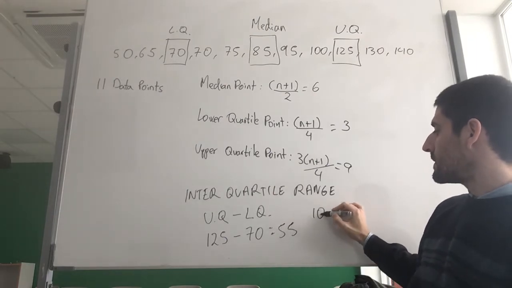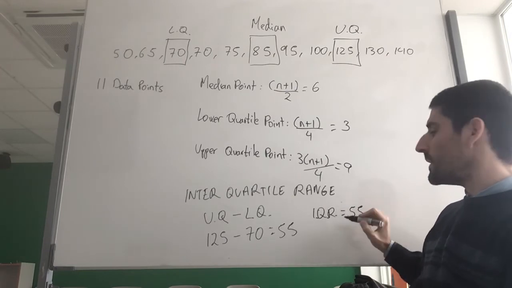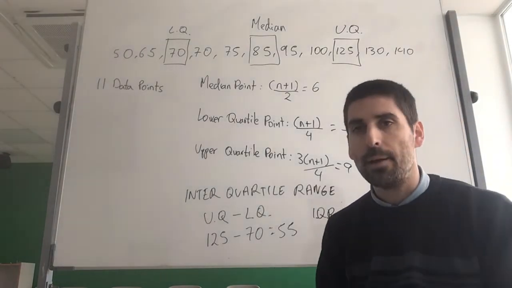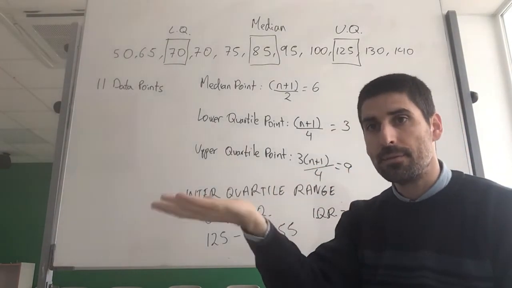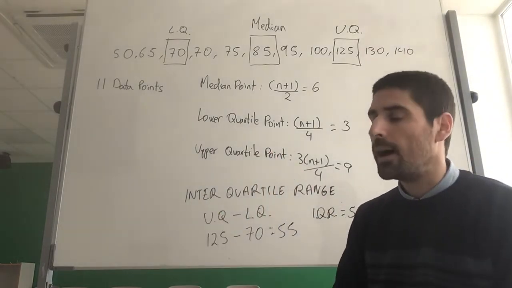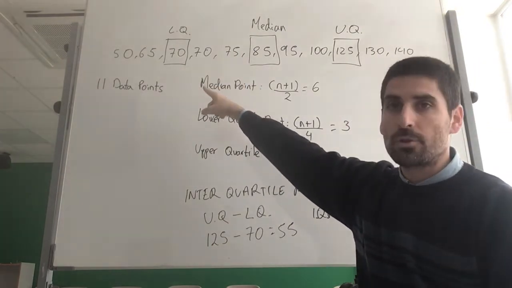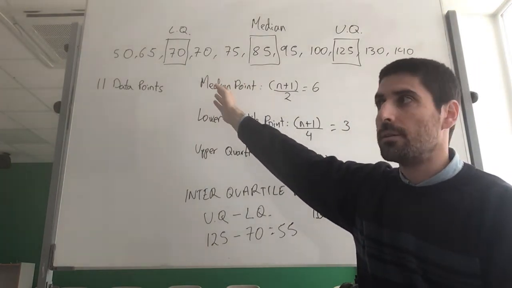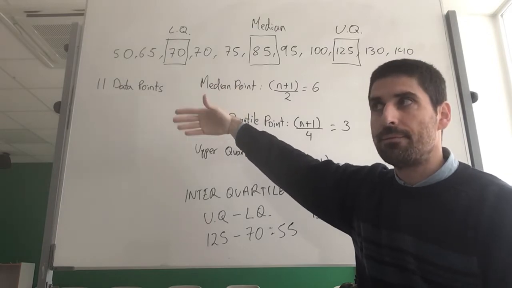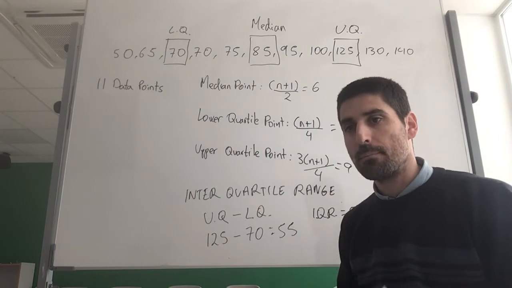So the interquartile range is 55, okay? Interquartile range, 55. Means I've got a difference of 55 between the bottom quarter, or the bottom 25% person and the 75% person.